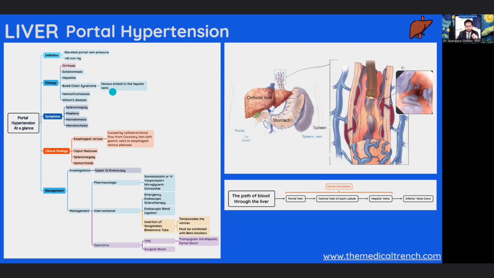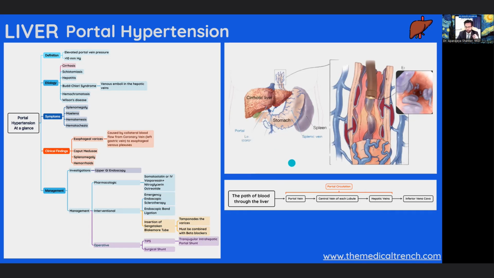One important disease here is called Budd-Chiari syndrome, which is when you have venous emboli in the hepatic veins themselves. What happens when you have portal hypertension is that there is a lot of pressure in the portal vein, and because of this accumulated high pressure, there is actually backflow into the feeding veins, which are the splenic vein and the superior mesenteric vein.